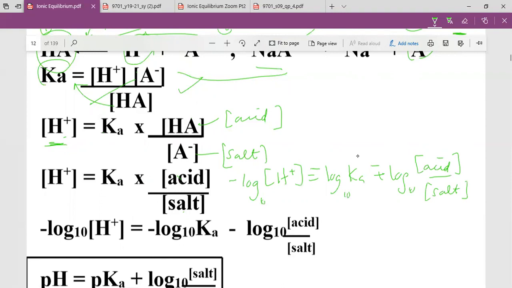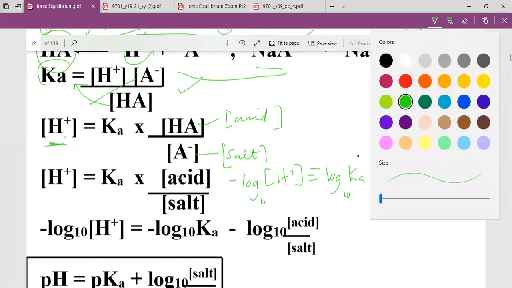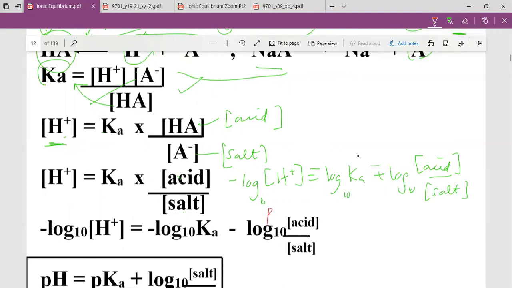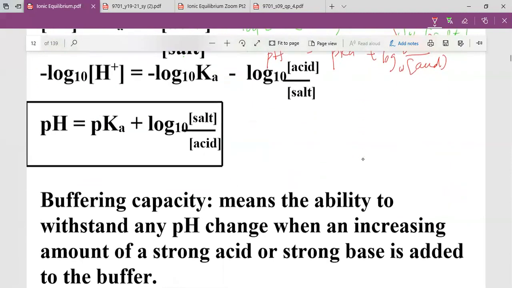So it becomes pH equals minus log 10 Ka, so pKa. Now I put a positive sign here, so I just invert, log base 10 salt over acid. Remember, this is in moles per dm cube. That's why now this is the main thing. This is the main equation to find the pH of the buffer.